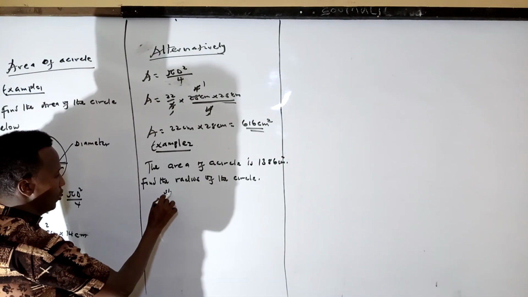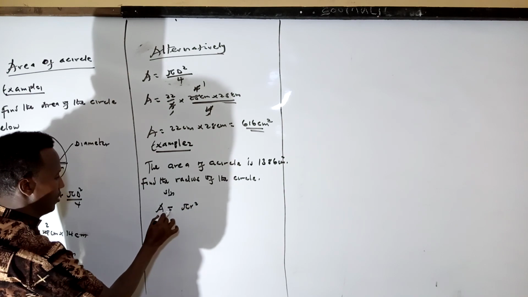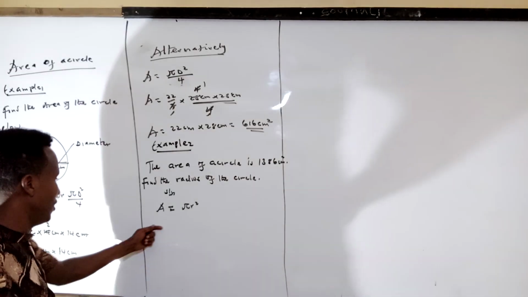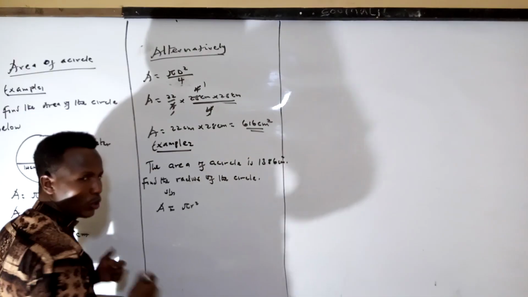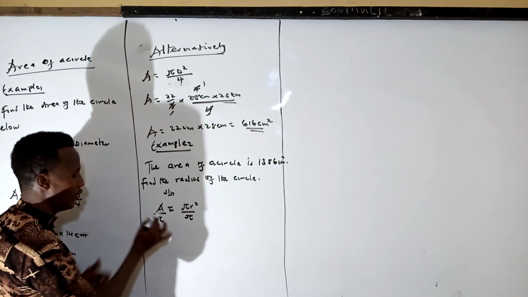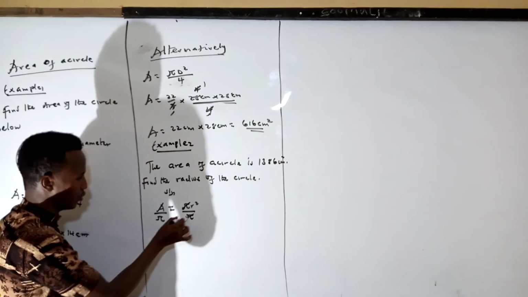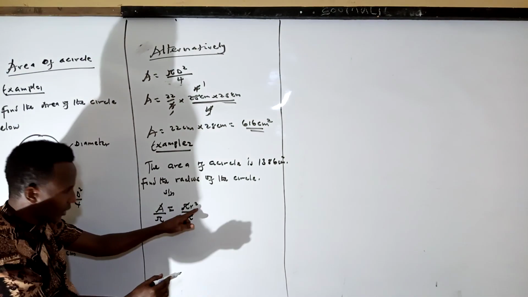We know that area is equal to πr². Then we want to get r. First, what you're going to do is divide here by π, divide also here by π. You eliminate π. Cancel these two. Take your time. This is mathematics. So you are left with r².